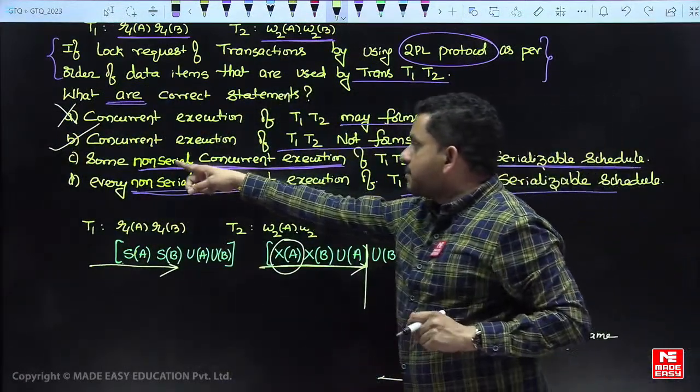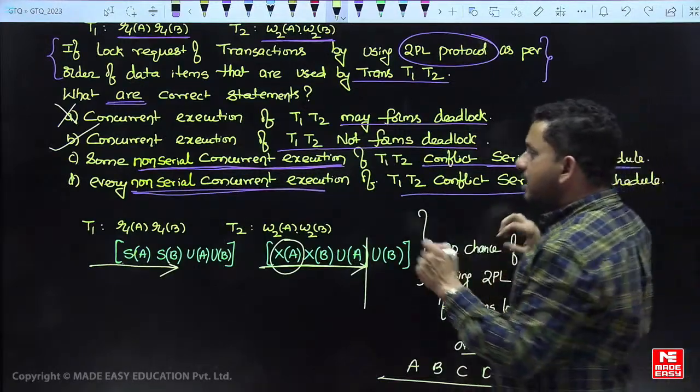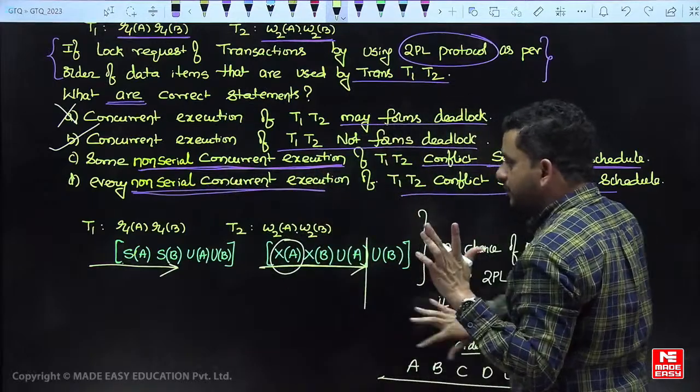Next: some non-serial concurrent execution of T1 and T2 is a serializable schedule. Yes, some are serializable, not every one.